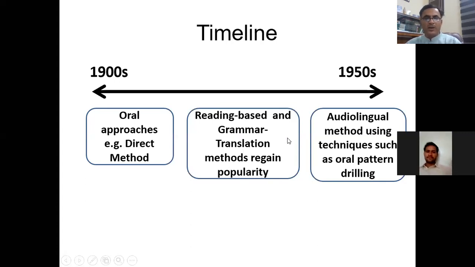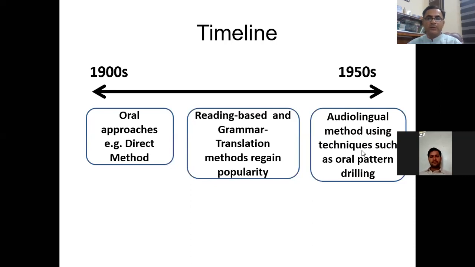We have something on audio-lingual also, which was applied more or less with army people who were mostly detectives going into different countries doing particular assignments. So it is an audio-lingual sort of thing, and we'll study it in detail in other slides. So grammar translation method, audio-lingual method, and then the oral approach.